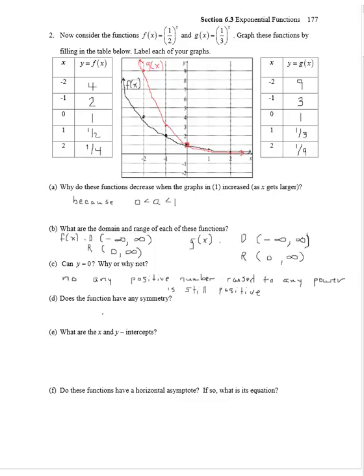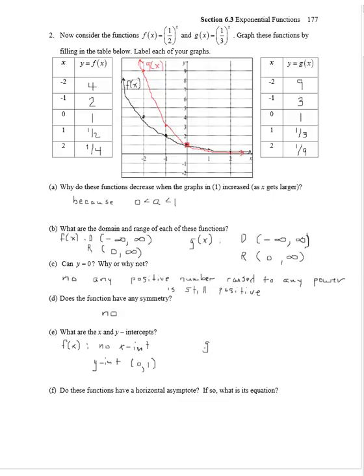Does the function have symmetry? Nope, just like the other one. So what are the x and y intercepts? For f of x, there's no x-intercept, just like before. And the y-intercept, just like before, is 0, 1.